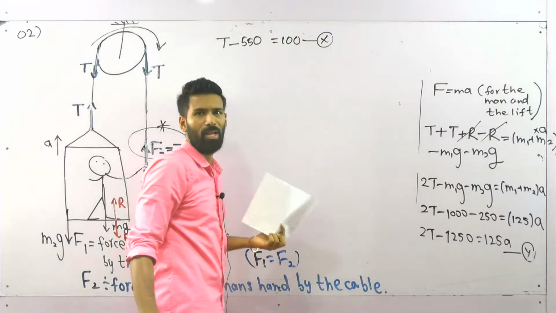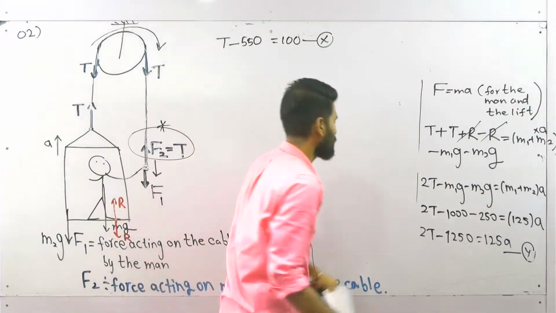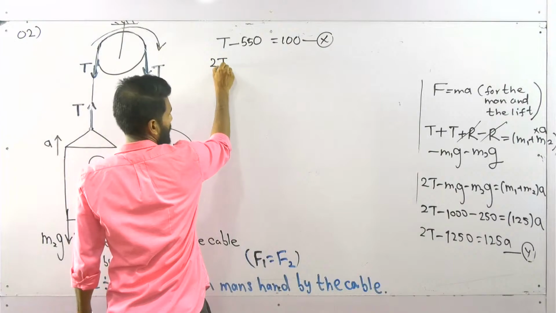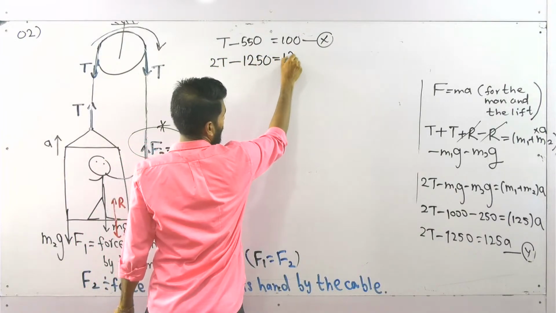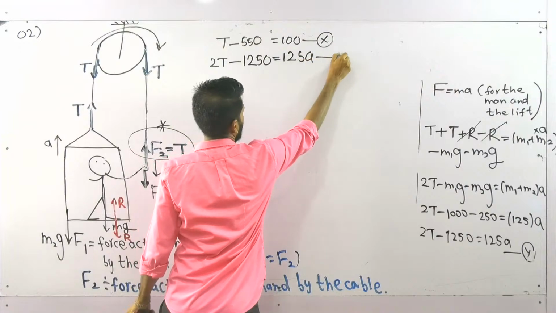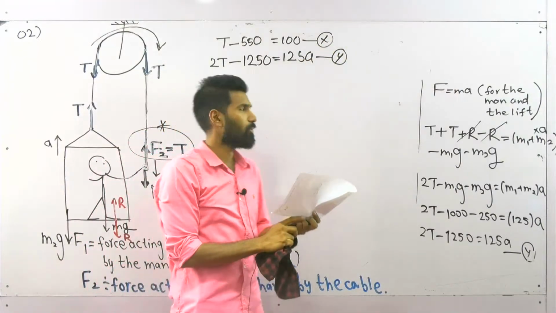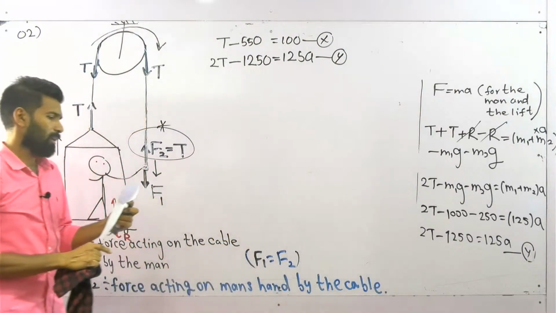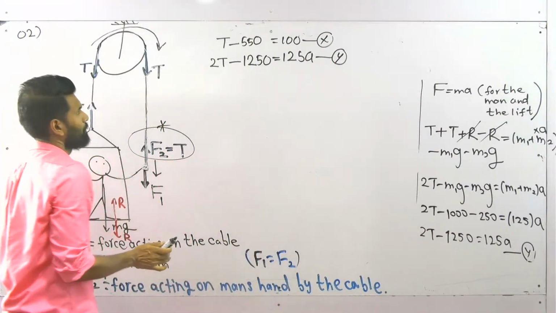Two R's cancelled, and I got another equation: 2T minus 1250 is equal to 125A, equation Y. So I can solve these simultaneous equations to find what they ask. They ask to find the acceleration. So how to do that?